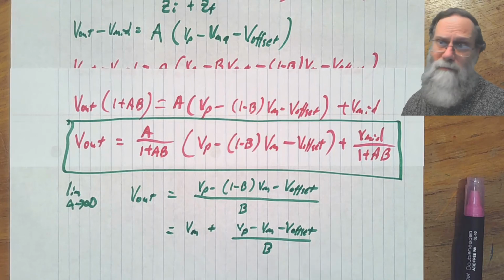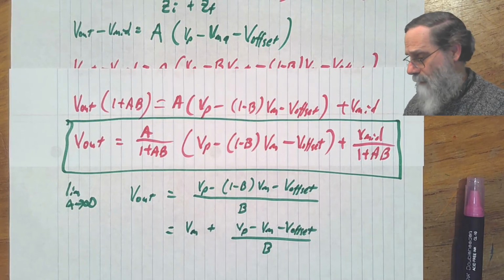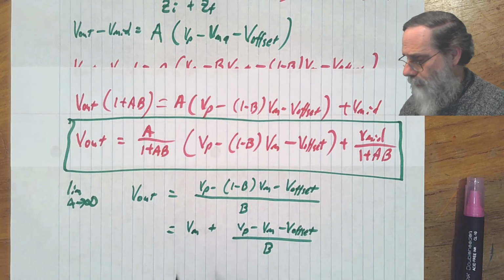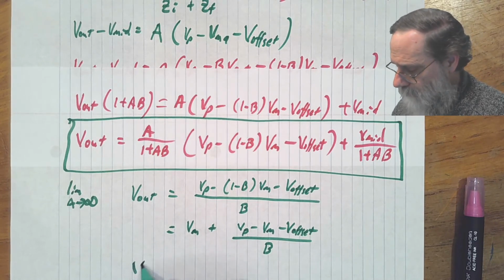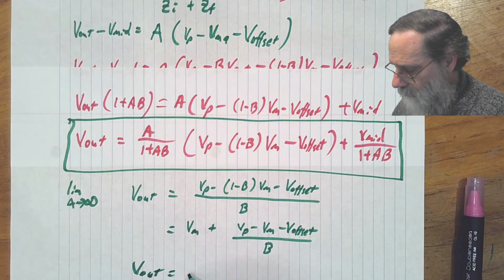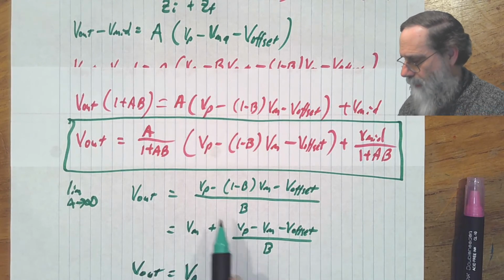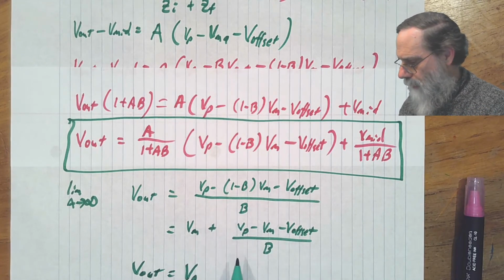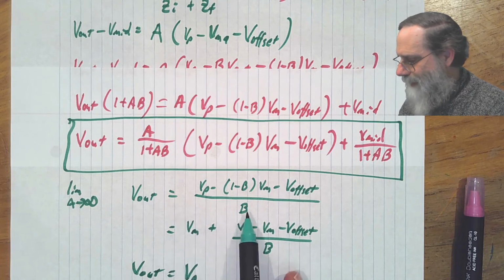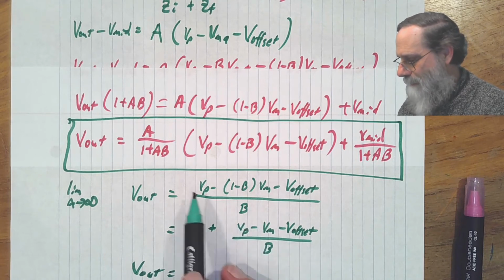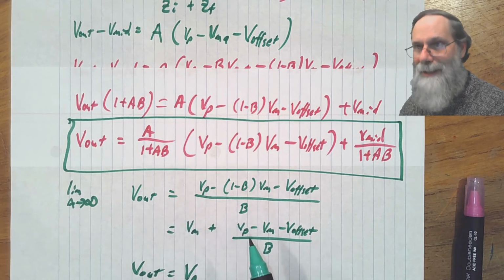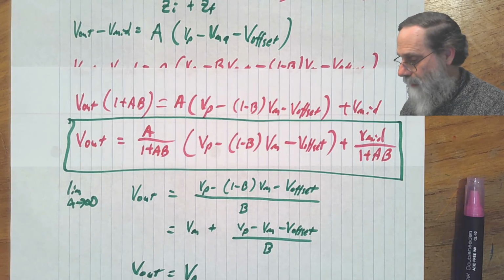What if we want to, say, take Vp out instead of Vm? Could we do that? Well, if we do that, we get V out equals Vp. And what are we going to have here? Well, if we take a Vp out, that's going to be putting a minus B in there.